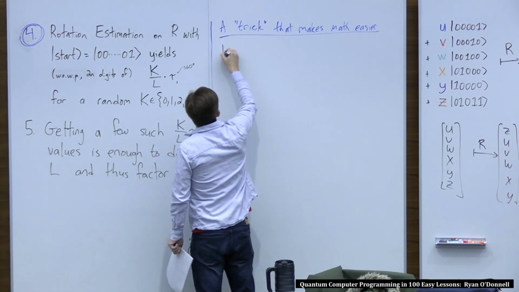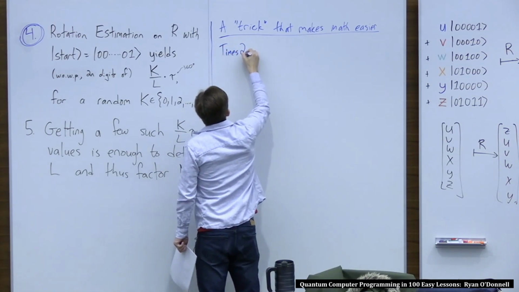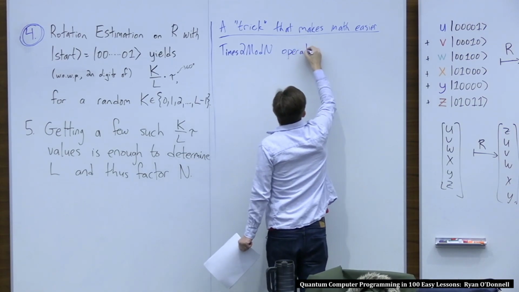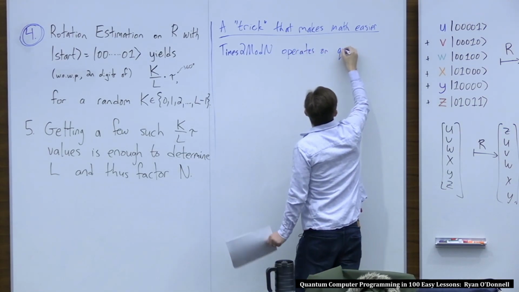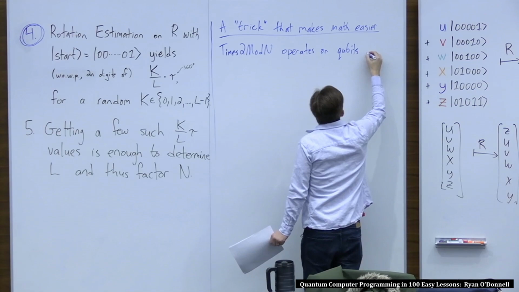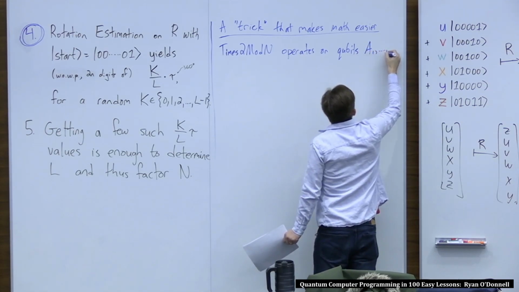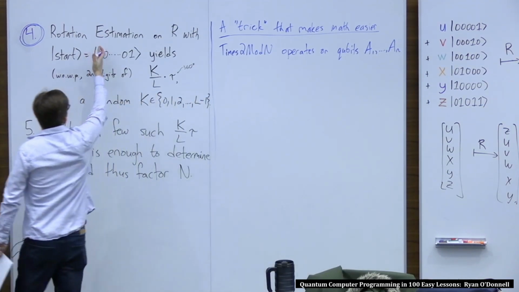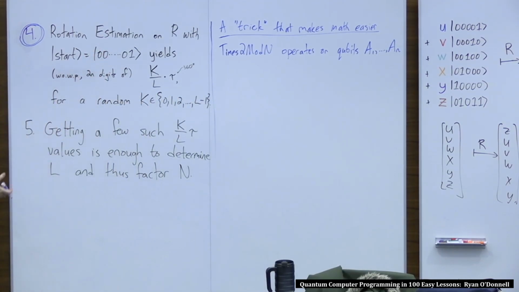So let's give those names. So this times 2 mod n that we're studying operates on some qubits, A1 through A little n. And we're imagining doing rotation estimation on n qubits.